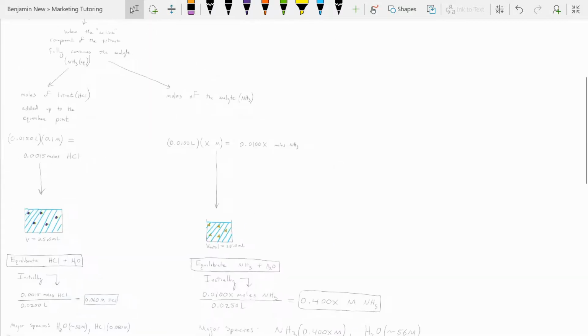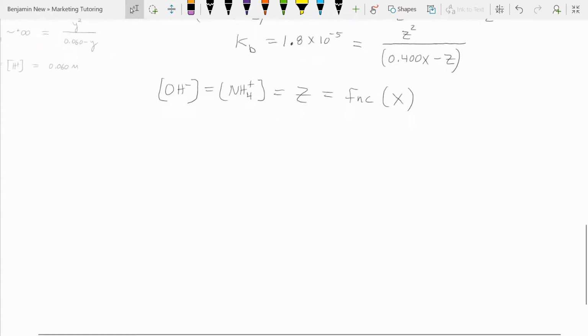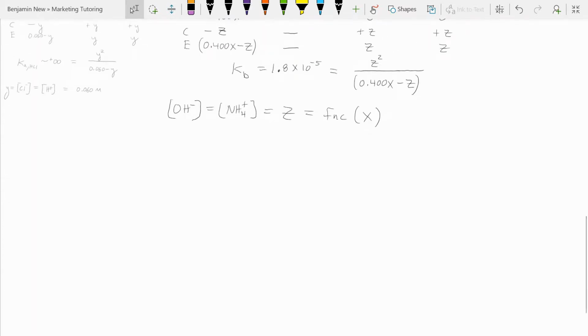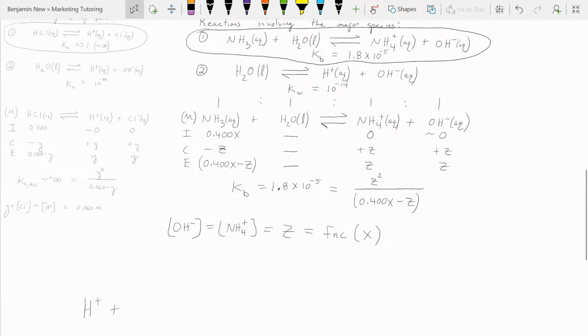So really the reaction that we need to consider next is the following. H+, well, there's two different perspectives. In this case, we're still going to have a certain amount of ammonia, and that's a base.